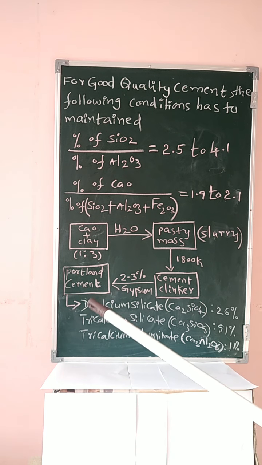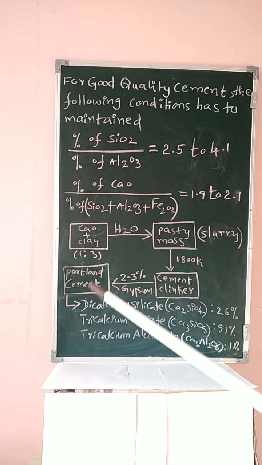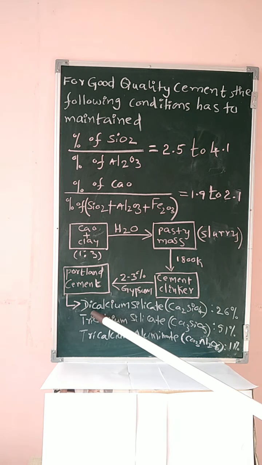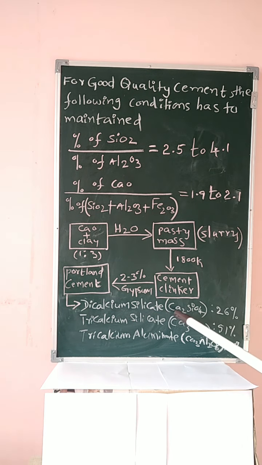The important ingredients present in Portland cement are dicalcium silicate Ca2SiO4 26%, tricalcium silicate Ca3SiO5 51%, and tricalcium aluminate Ca3Al2O6 11%.